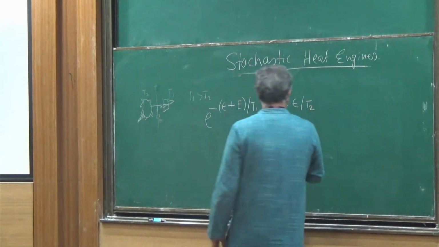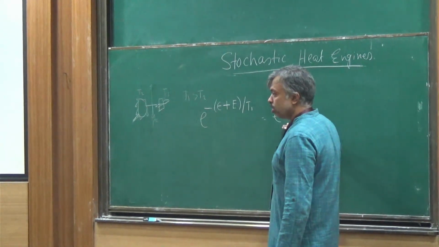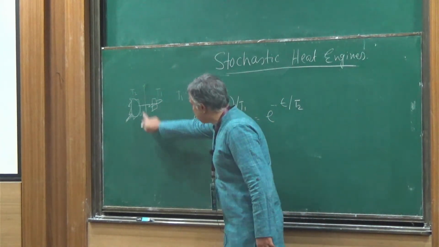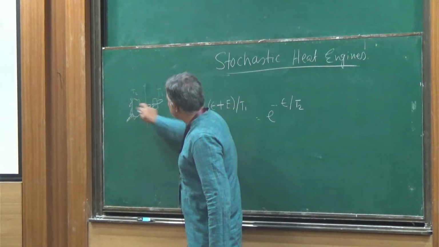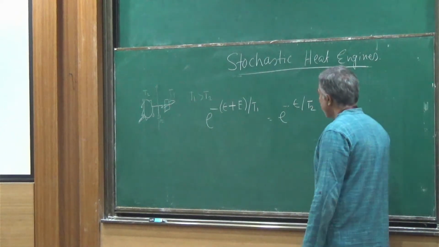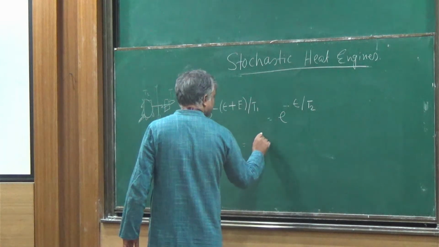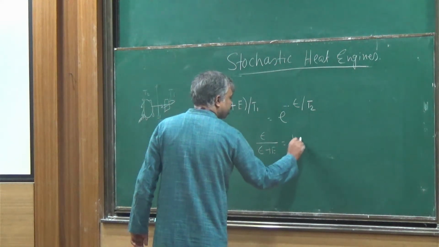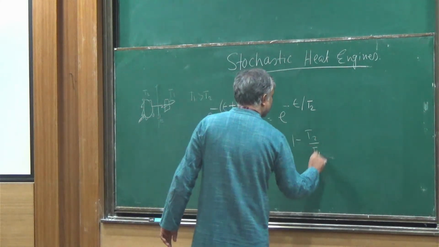In the reversible case, these probabilities are the same. This is the energy to lift the load, and epsilon is for turning one tooth, or making the vane rotate a little bit. If you calculate this, you will get eta, which is epsilon over epsilon plus E, which is exactly 1 minus T2 over T1.